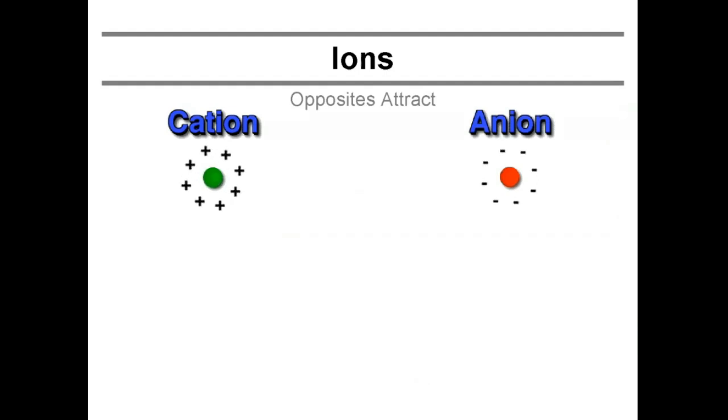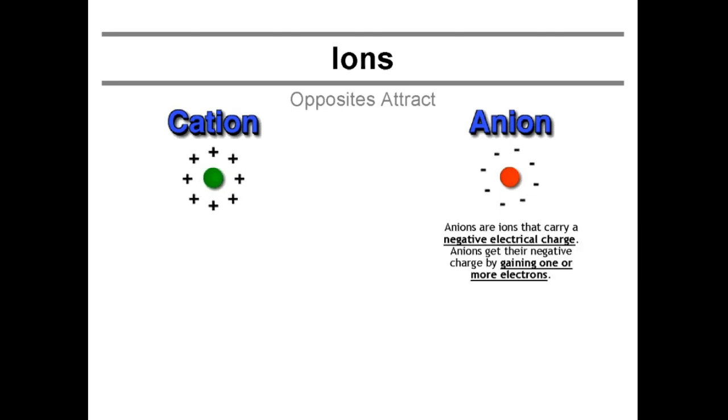Ions are charged elements that have either gained or lost electrons, so they have a charge imbalance. They become literally charged, and they will find opposites they can attract to and combine with, right? So anions are ions that carry a negative electrical charge, and they get their charge by gaining 1 or more electrons.